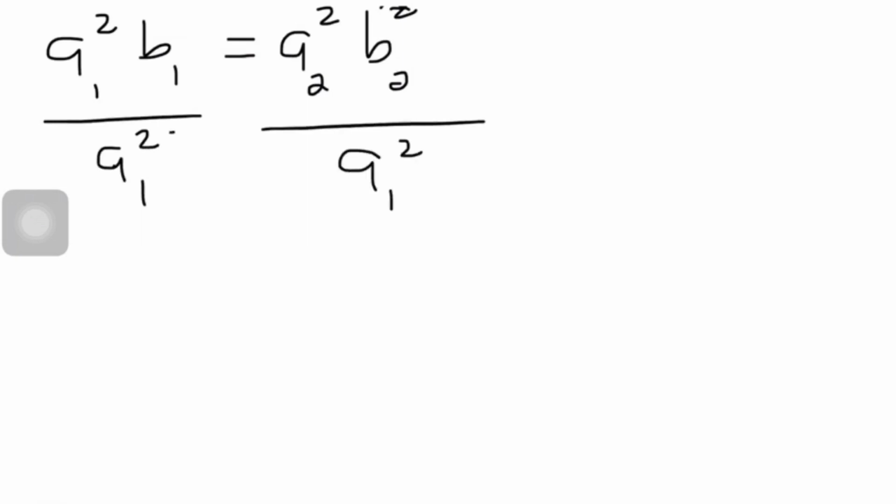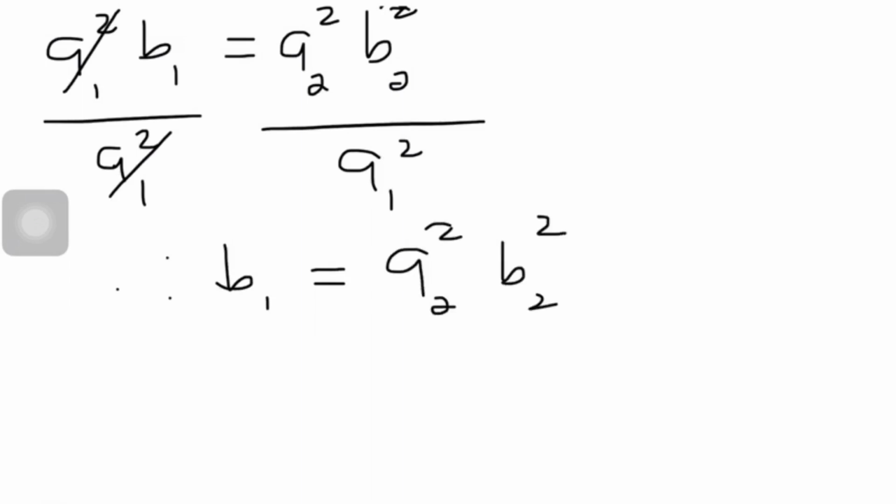A1 squared cancels with A1 squared, and therefore B1 is equal to A2 squared B2 squared divided by A1 squared, and you are done. It's just as simple as that. I hope you've understood how I'm working out those examples.